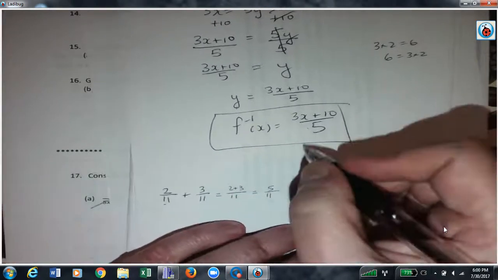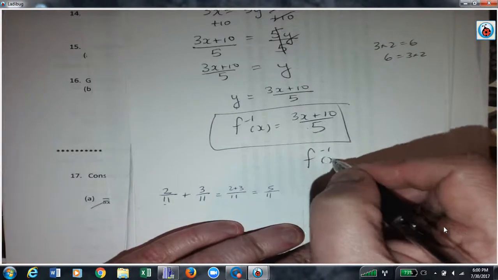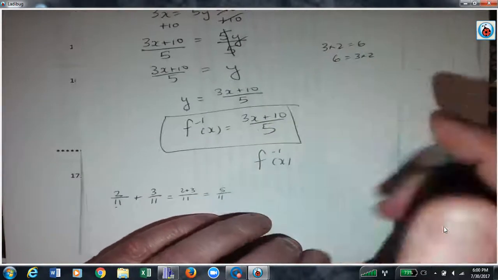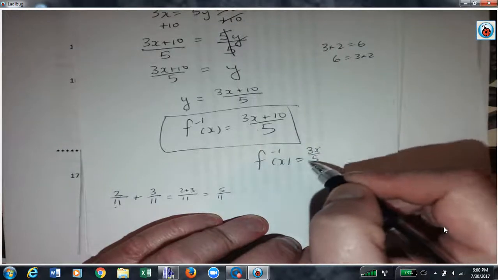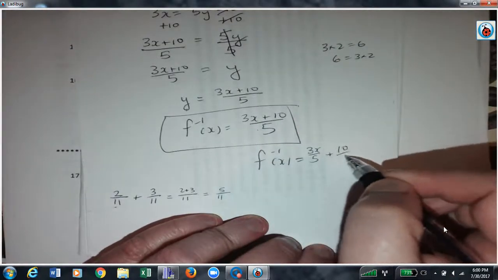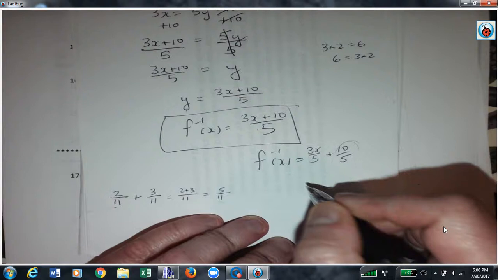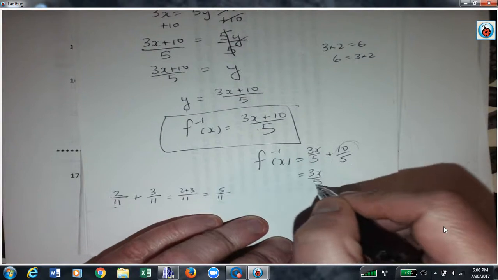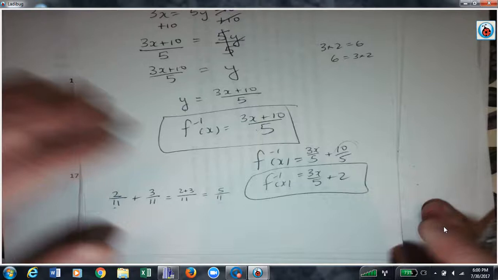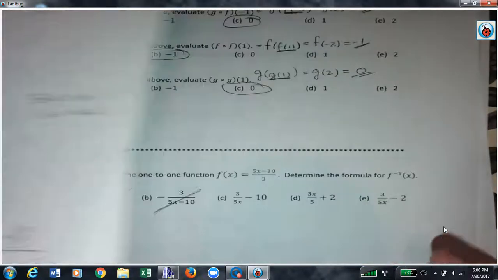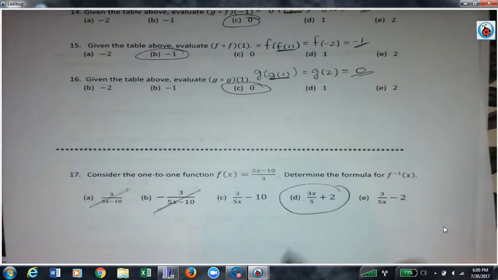So that's what I'm going to do here. Because this wasn't in my answers, this is the same thing as 3x over 5 plus 10 over 5, but 10 over 5 is just the number 2. So 3x over 5 plus 2. There we go.